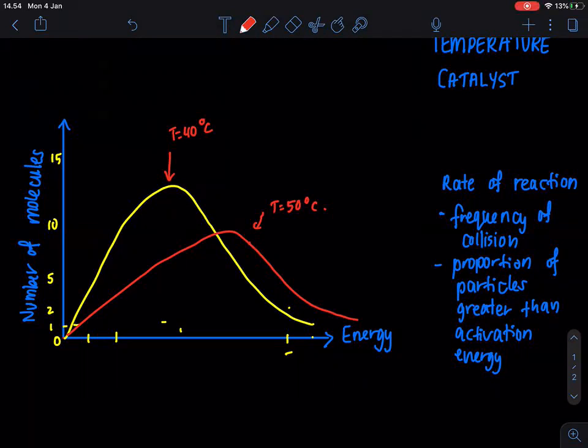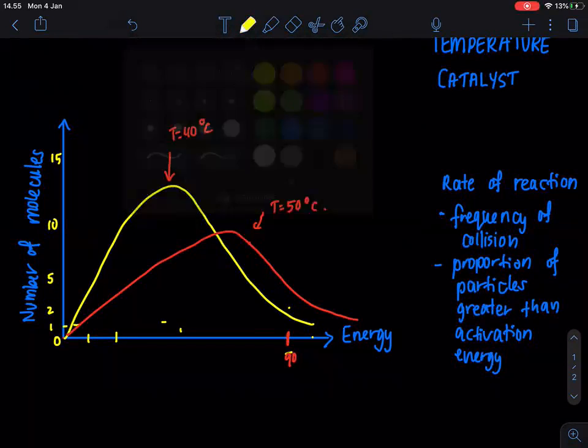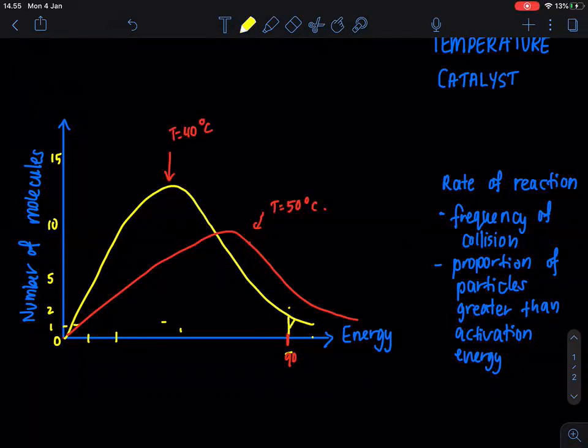So imagine this is the activation energy, let's say this is 90 kilojoule. Now at temperature 40, for the yellow graph, I'll just draw, these are the total number of particles that have enough or sufficient energy for a successful collision.